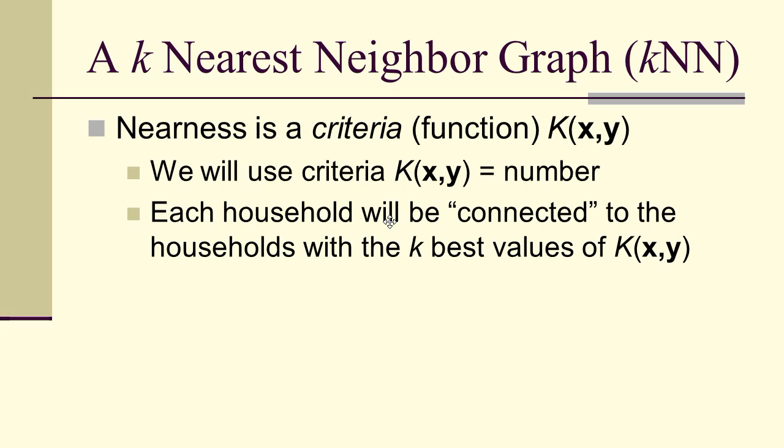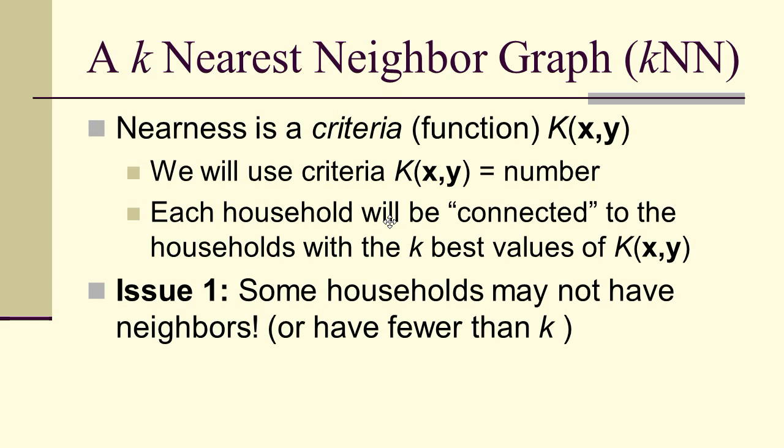Now, the important thing to remember is that nearness is a criteria. That is, it's a function. We'll be using the criteria, the capital K of x comma y, as some number. And then we'll look at the k best values of capital K, the criteria function, in order to figure out how to hook things up.